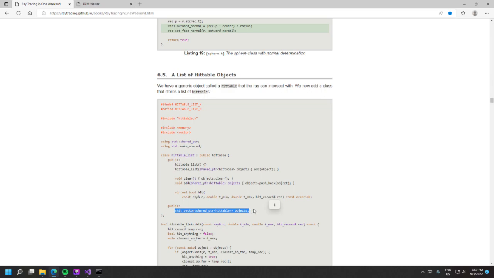Standard vector is, at least to my knowledge, the best way to do it in C++. So that's why we are using that. And this is a hittable list. If we have a pointer to the hittable, then we can add a new object to it. We can also clear the objects.